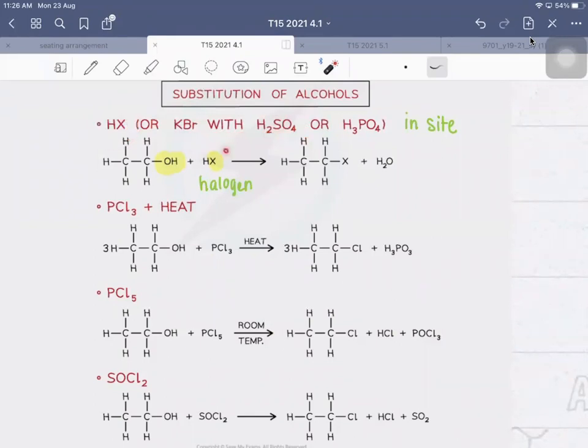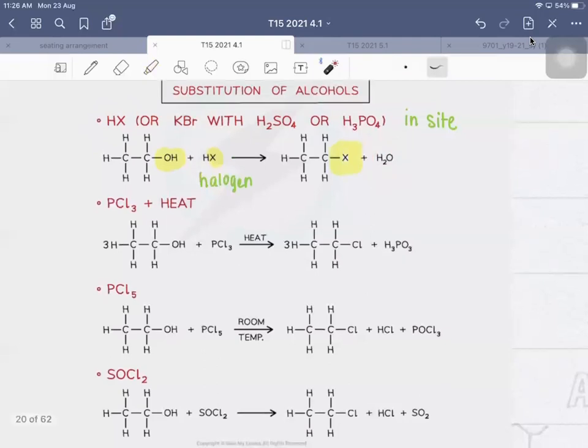And then the reaction will happen where your halogen atom will replace the hydroxy group in your alcohol. That's where you see your halogenoalkane end up, and the other product is water. That's one type of reaction with alcohols.